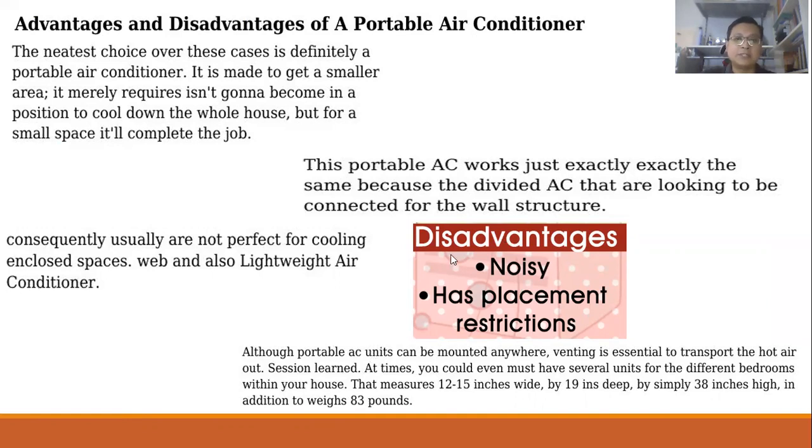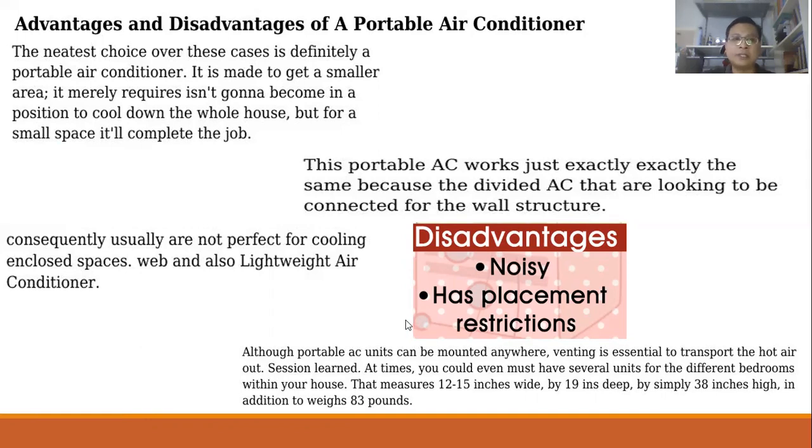When you go to disadvantages, it may be noisy and has placement restrictions. So maybe we only use it in a certain size of room, with a certain room design and structure, because we need to reject the hot air to outside.